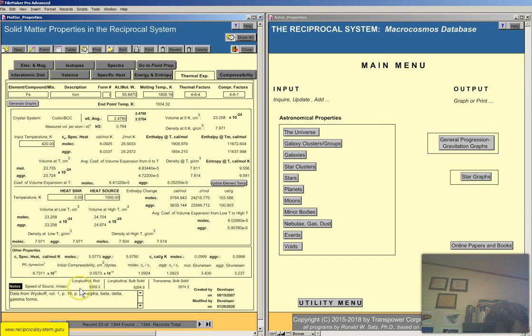And then I threw in a couple other properties here. Speed of sound in meters per second for longitudinal rod, longitudinal bulk. So that's interesting. And it also gives speed in transverse bulk solid. Now, the items you see here in the boxes, that's where you input.